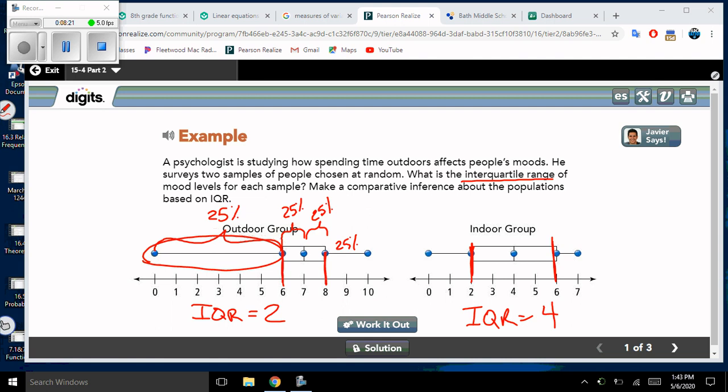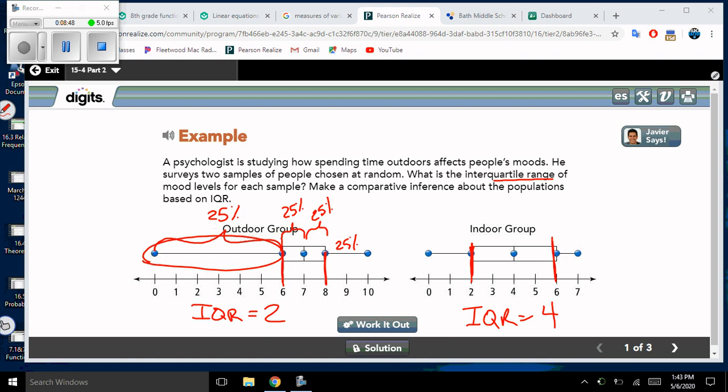What is this telling us? This is telling us that the indoor group is more consistent because the data is closer together. All right. And so if we're talking about how it affects people's moods in this particular situation, the indoor group has a more consistent mood than the outdoor group.